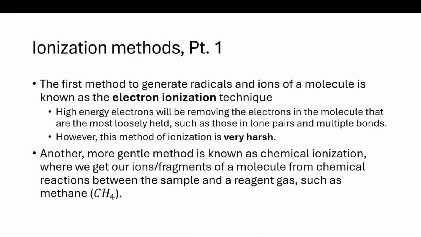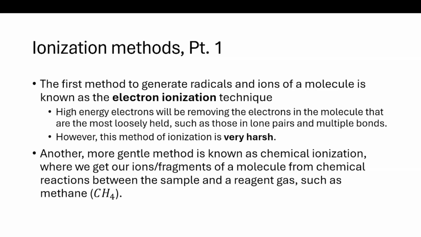However, if we're going to be talking about fragments and the mass charge ratio, we actually need to break up the molecule and ionize it. So the first method that we'll be using is known as the electron ionization technique. If I have some sort of molecule, then I can fire a bunch of high energy electrons at it.